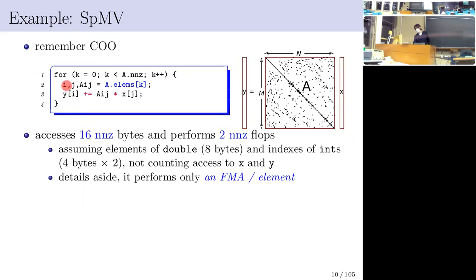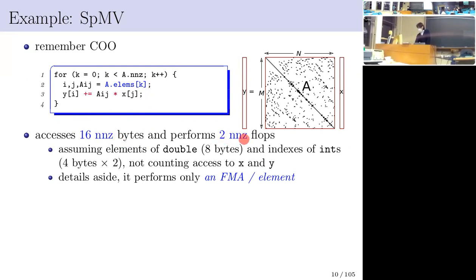So when you run this algorithm, you are accessing 16 NNZ bytes; you necessarily have to access 16 NNZ bytes. And how much computation do you actually perform after accessing all these NNZ elements?